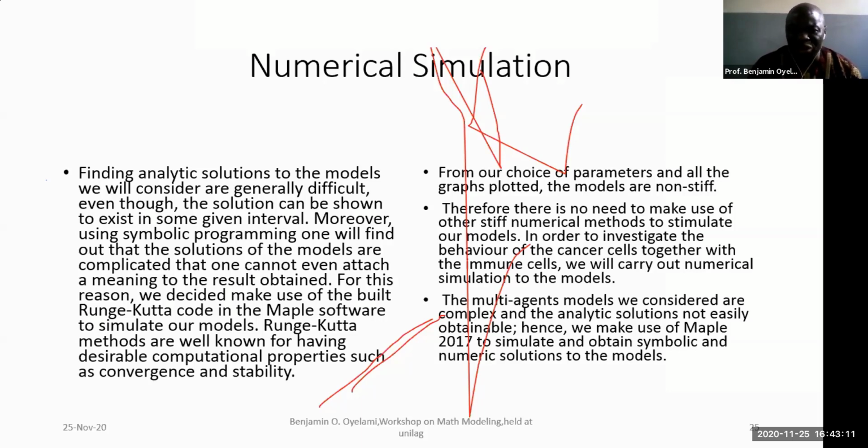And then you must be able to know, when you obtain a solution, is the solution actually representing what happened in the real life system? Or what characteristics you observe in the simulation, is it due to the model you are solving, or is it due to the method that you have used? Because if another person used a different method, the characteristic may not be the same.